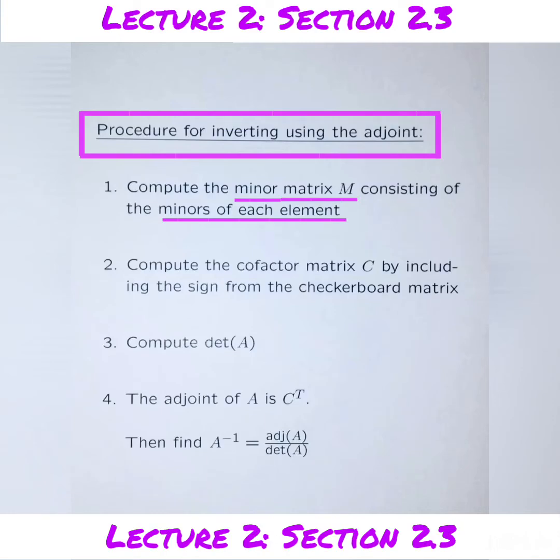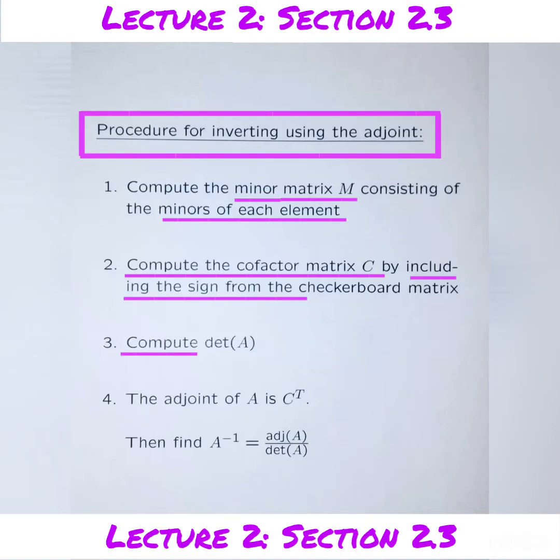Then, once you've done that, you introduce the sign, remember, because you're determining the cofactors. So of each minor entry, you determine the sign. For the entry in the ith row and jth column, it's minus 1 to the power of i plus j. That's the sign. So you take the matrix M you constructed, and you construct C by introducing the sign for each value.